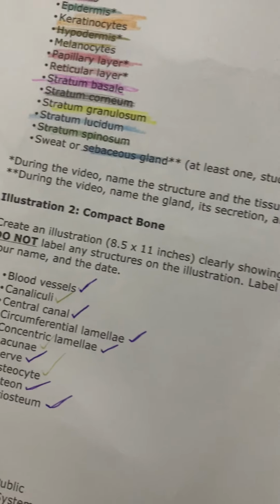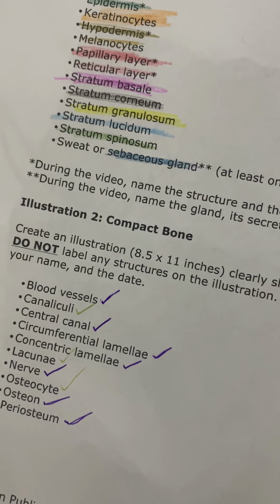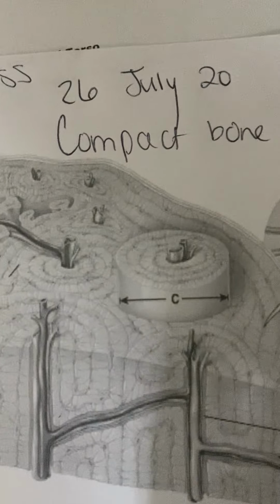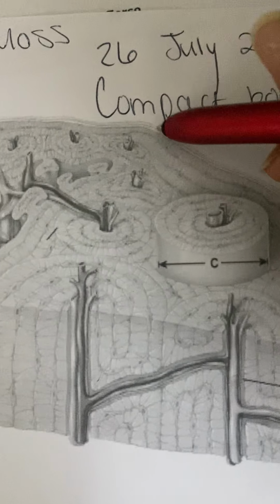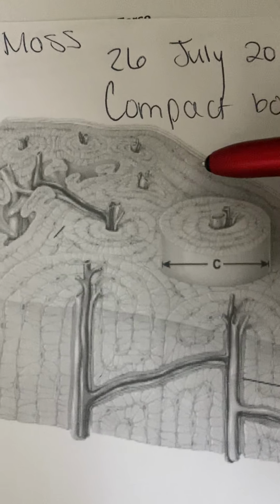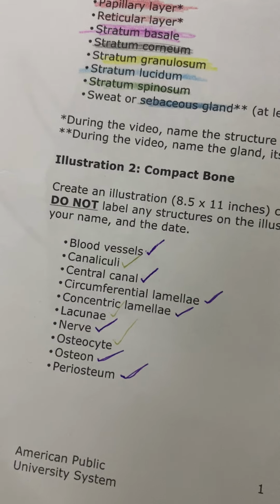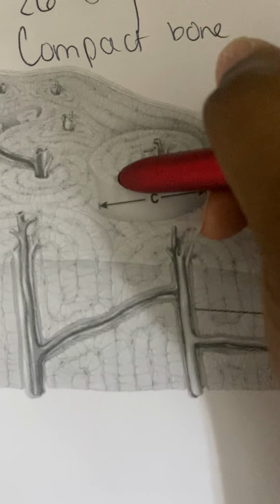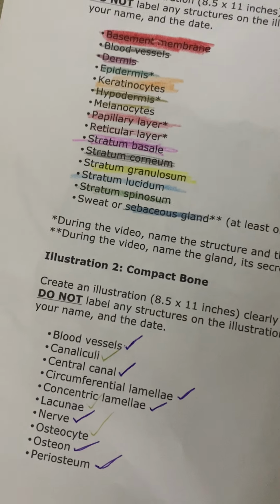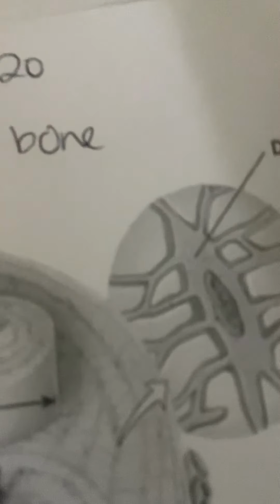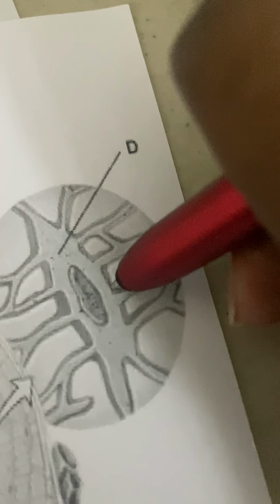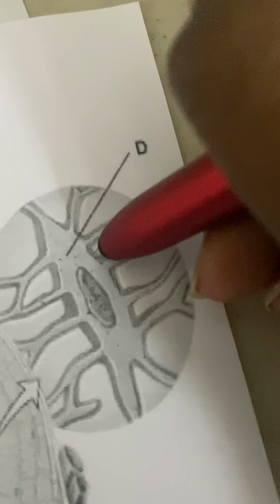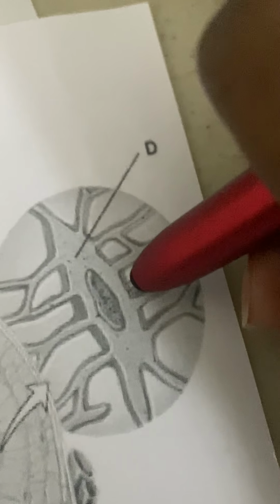The next one is circumferential lamella, which is in the circumference right here, spaces. The next one is concentric lamella, which is the spaces right here around the osteon. The next one is lacunae, which is the lining right here outside of this. It's right here.